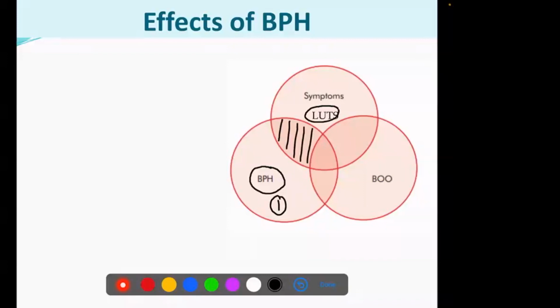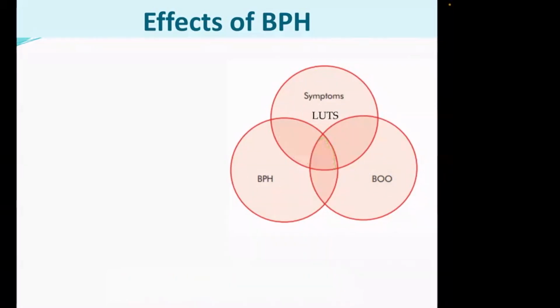I'll explain in detail. Sometimes a patient of BPH may have features of complications, or sometimes you'll get a patient having all the features: BPH with LUTS and with complications of bladder outlet obstruction as well.